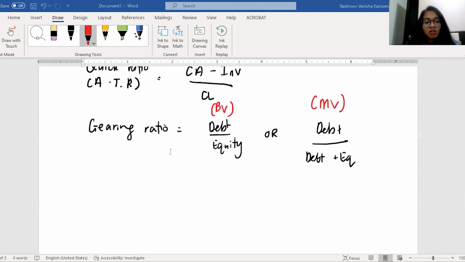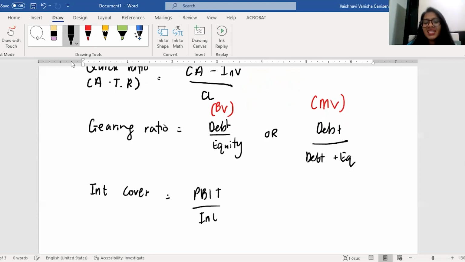Another ratio that we were talking about was interest cover. So interest cover actually is quite straightforward. So what is interest cover? First of all, the formula to calculate interest cover is PBIT over interest. So what is the meaning of this formula? What am I calculating from this formula? I am actually calculating how many times I can use the profit that I have to pay interest.